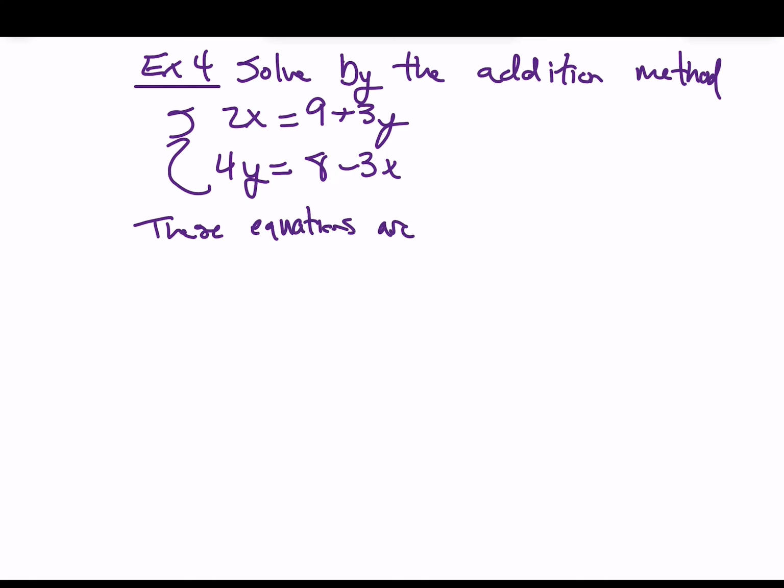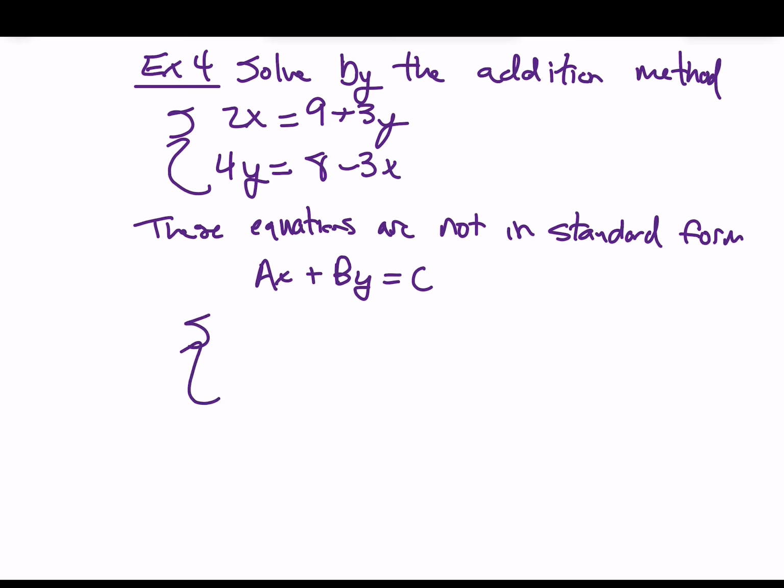These equations are not in standard form. And remember that standard form is ax plus by equals c. So the way we can rewrite that is by moving the 3y to the left in the first equation.